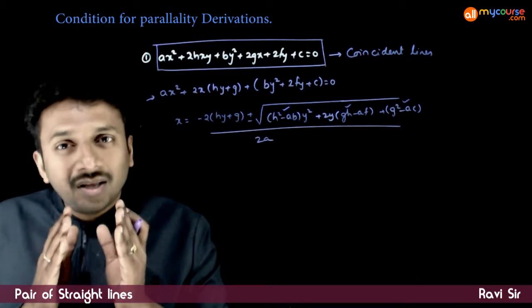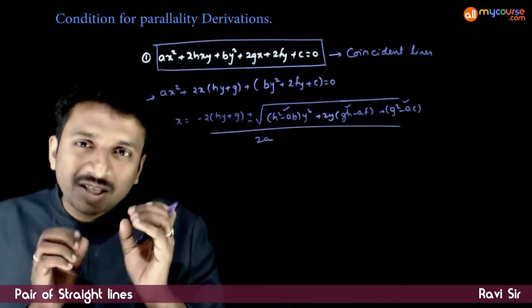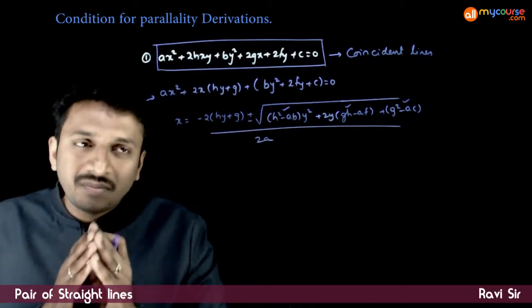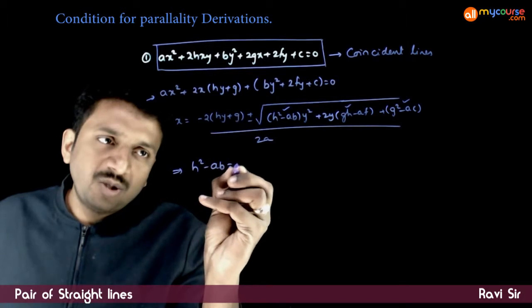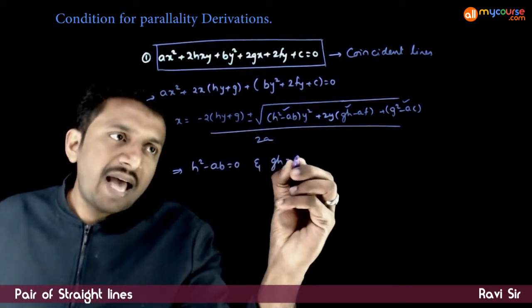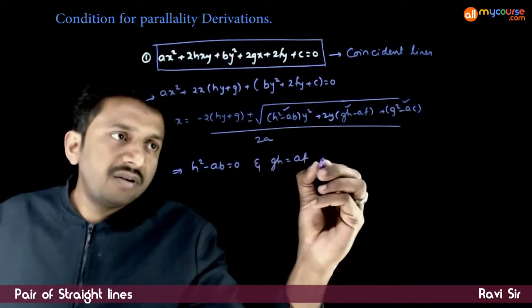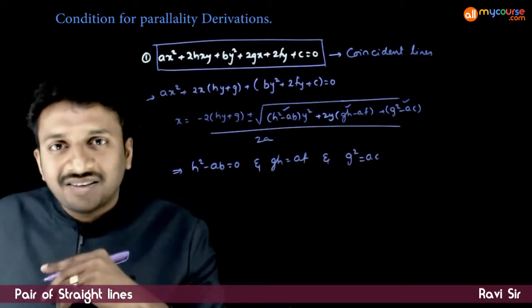So if you want coincident lines, this whole term has to be exactly equal to 0. That means h square minus ab has to be equal to 0, gh has to be equal to af, and g square has to be equal to ac.